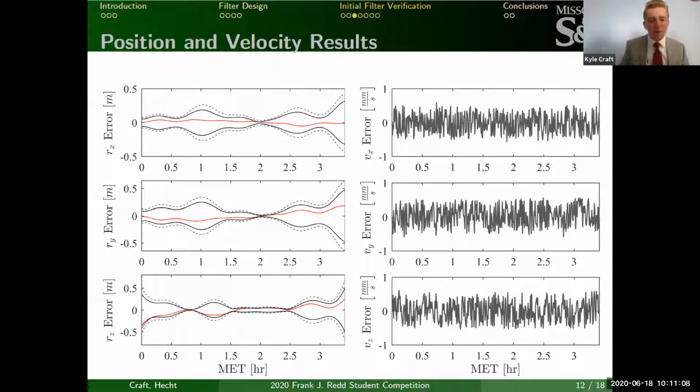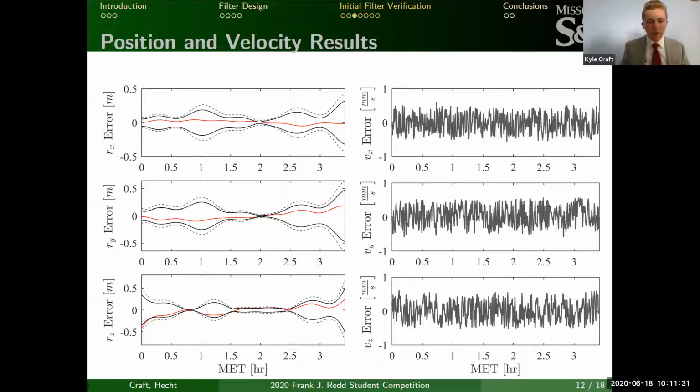So you look for 2 things when you examine a graph like this. The first is you want this red error line from a single trial to stay within your 3 sigma confidence interval realized by the filter, which we see for the vast majority of the trajectory for all 3 states. Next, you want to look at the statistical consistency, which is represented by how well the solid black line aligns with the dashed black line.